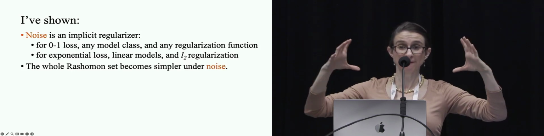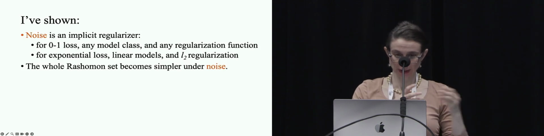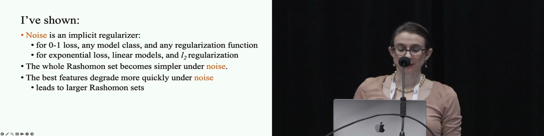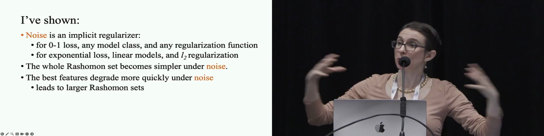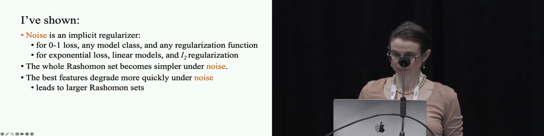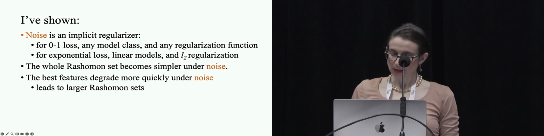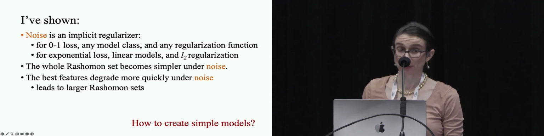The set of functions becomes simpler under noise. Like all of those functions in there become simpler. I've also shown that the best features degrade more quickly under noise, which leads to larger Rashomon sets, so more opportunities for good models, or equally good models. Now, one glaring thing I have not discussed is how to create these simpler models.